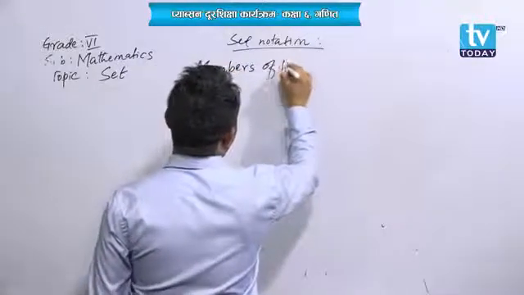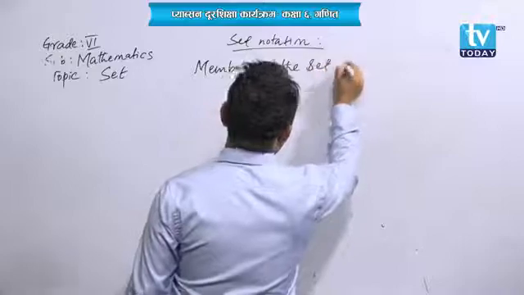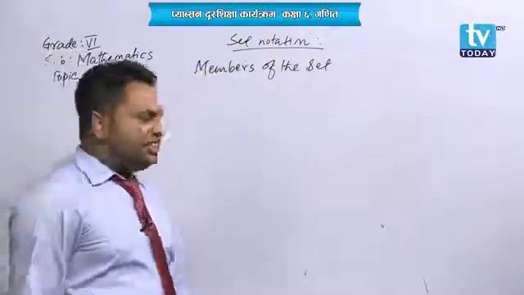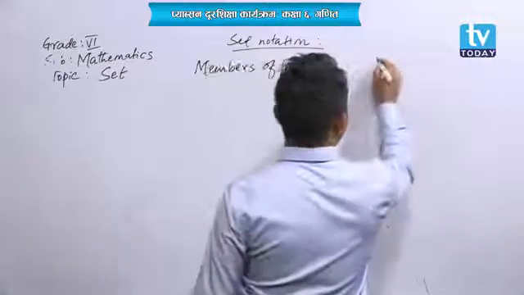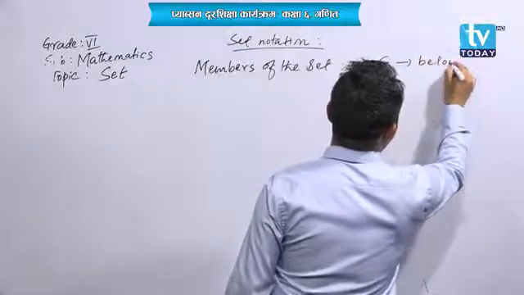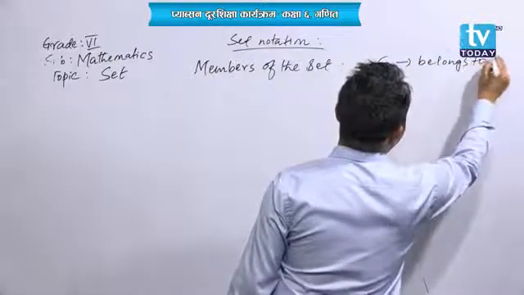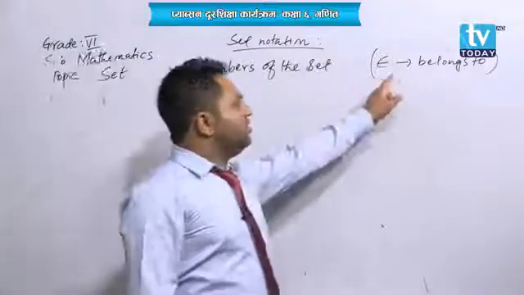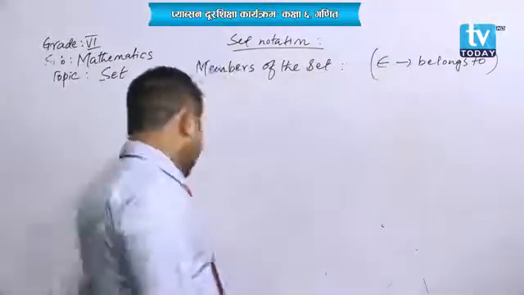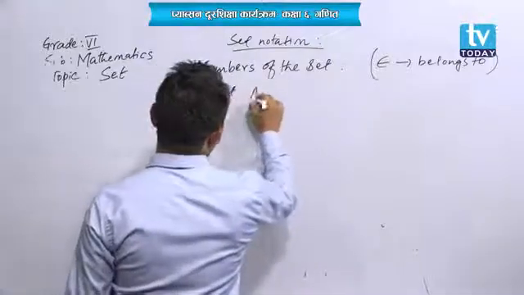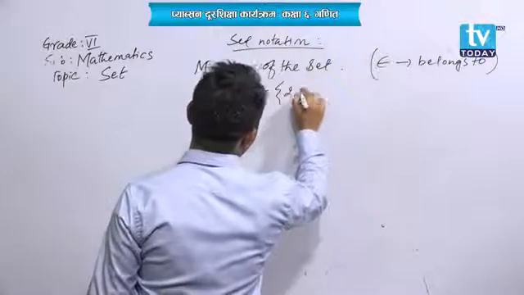Now, members of the set. A member of the set is denoted by this symbol. This symbol denotes belongs to. This is a Greek word. Suppose you write some set, you can take an example yourself, like 2, 4, 6, 8.